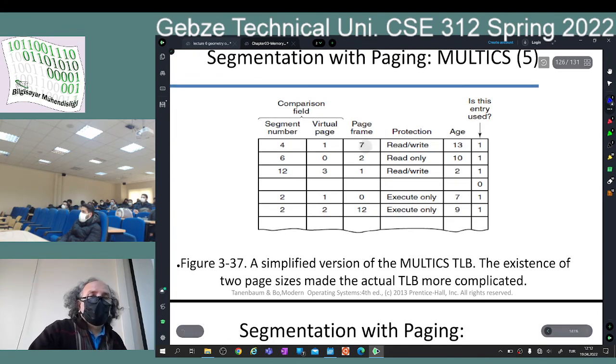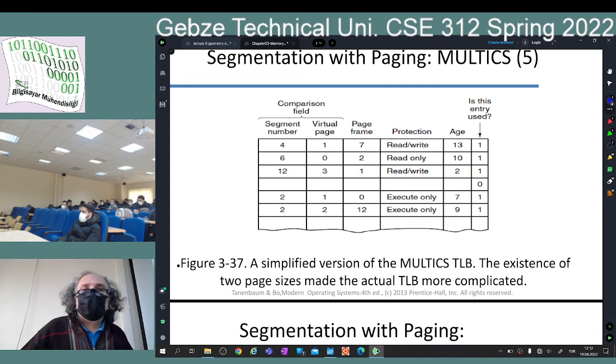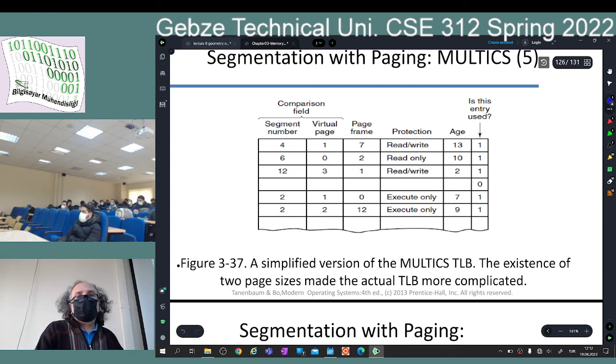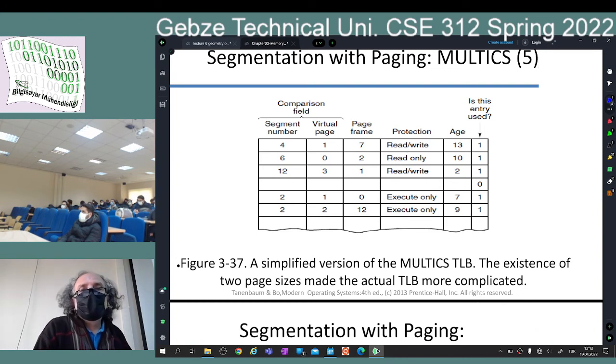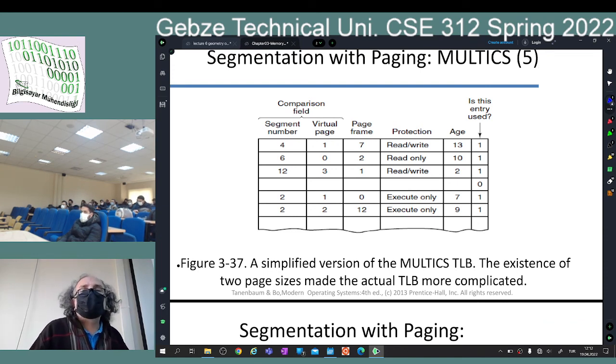Okay, so you look for this page frame in your physical memory, and these are your protection bits: read, write, execute. Like we did in Unix, read, write, execute.